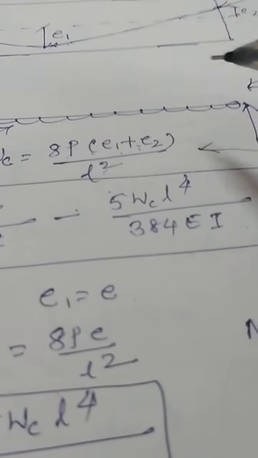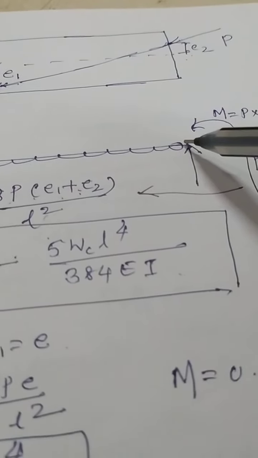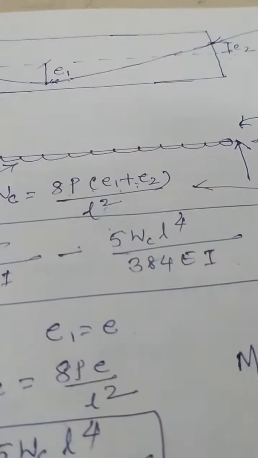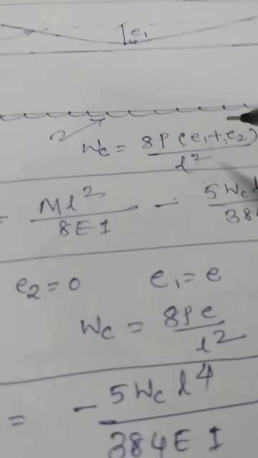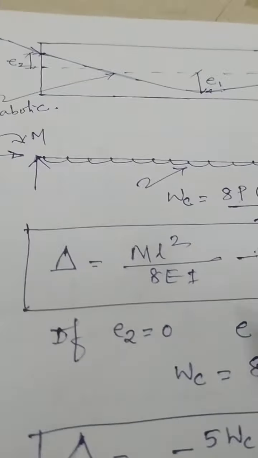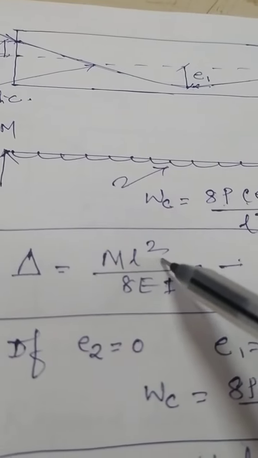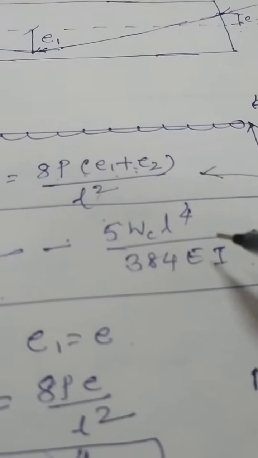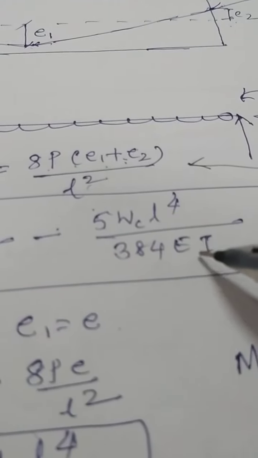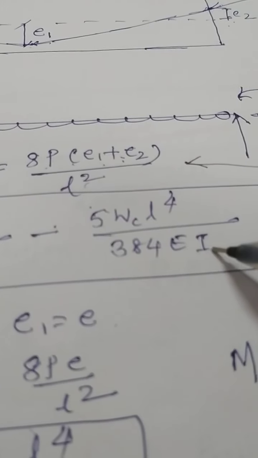Here two forces are responsible for deflection. This is moment, which will create a downward deflection, and the other is upward deflection. That's why ML square by 8EI minus the UDL formula, 5WL raised to 4 divided by 384EI.